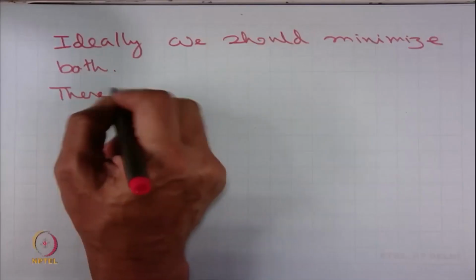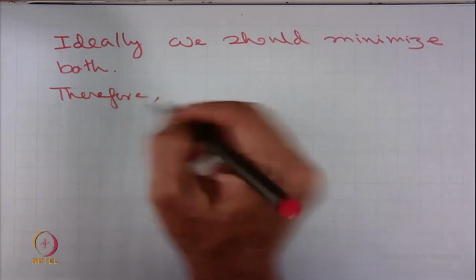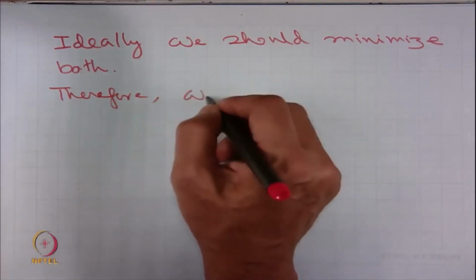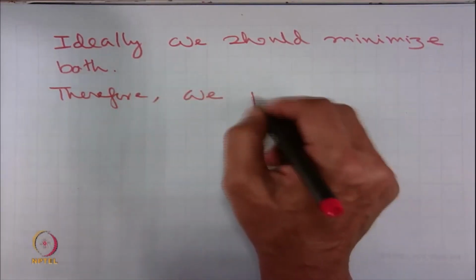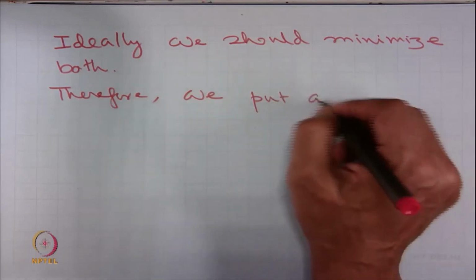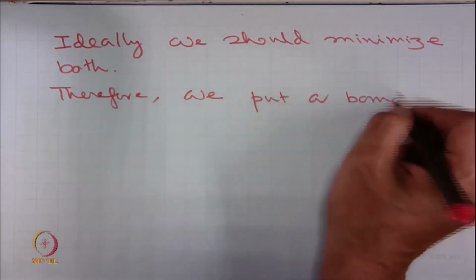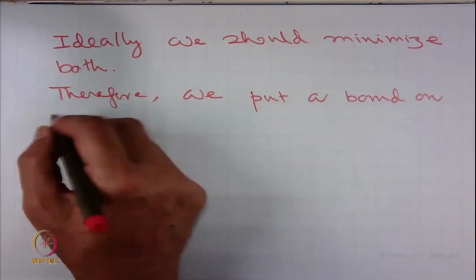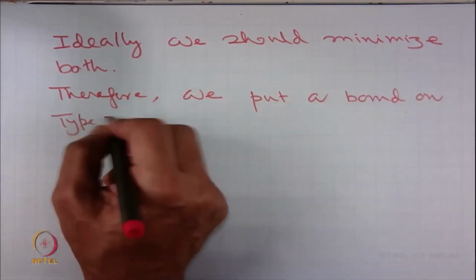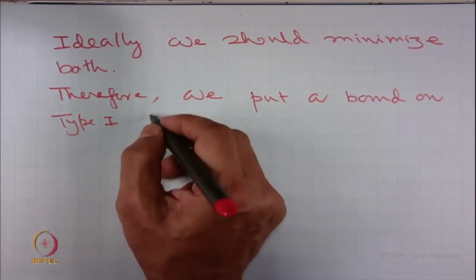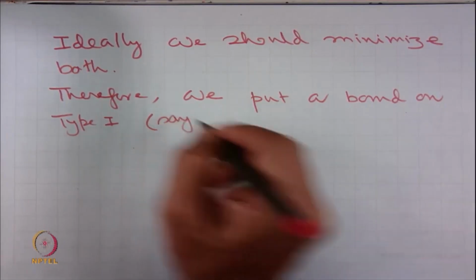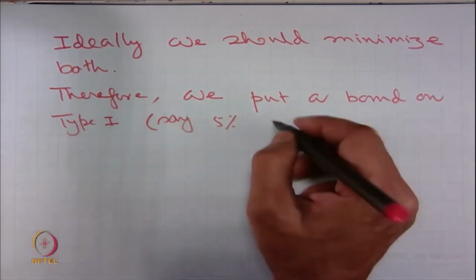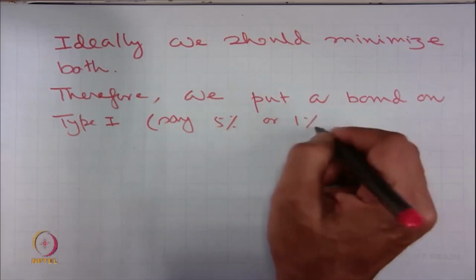Therefore, we put a bound on type 1, say 5% or 1%.